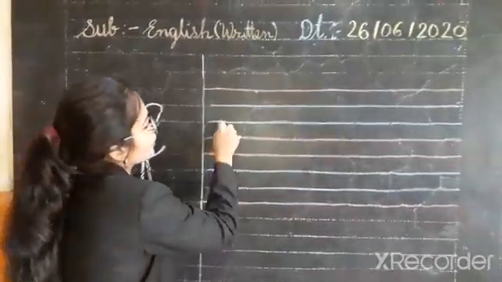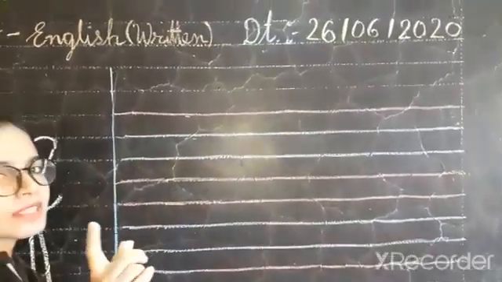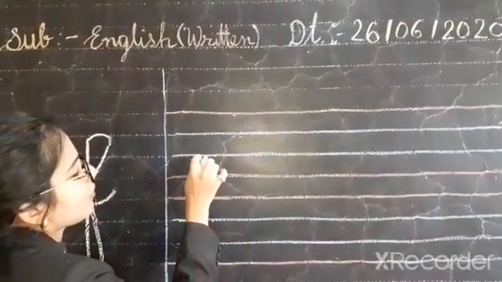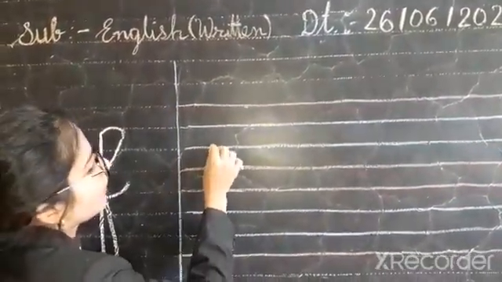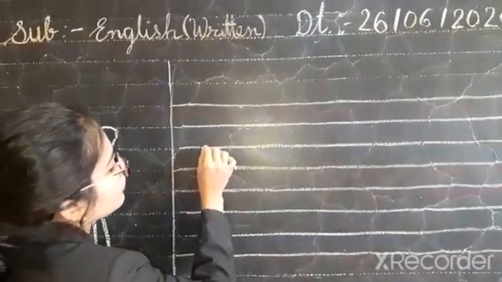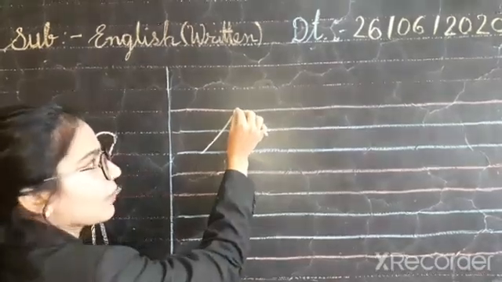I show you here how to write it. Okay, in cursive letter I always say that from here, from blue line you have to start. So from here we have to start, do slanting line and go up to red line. Okay, understood?